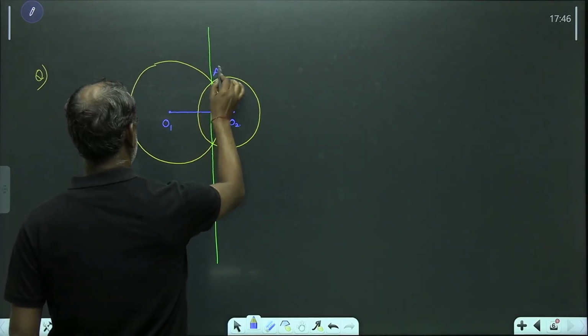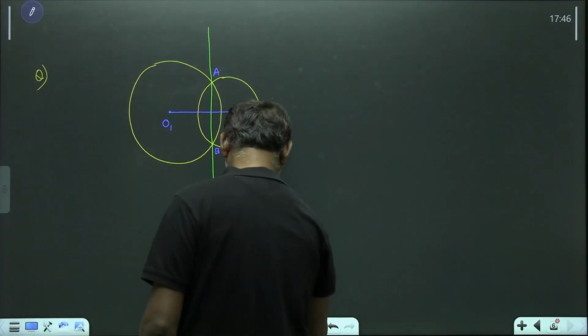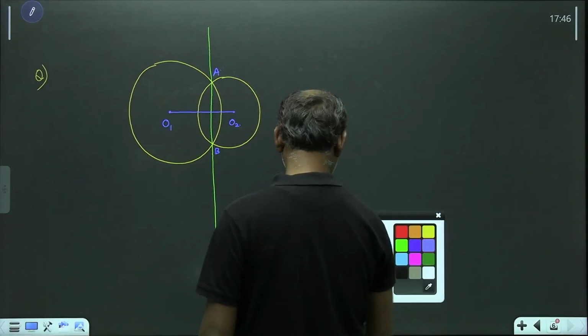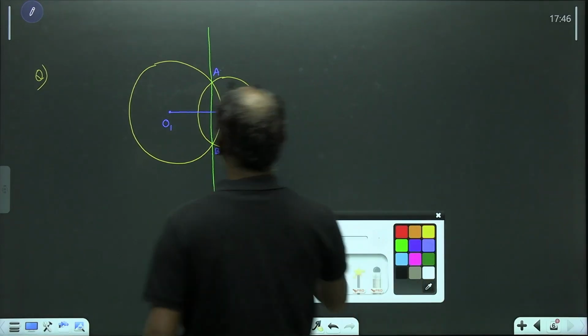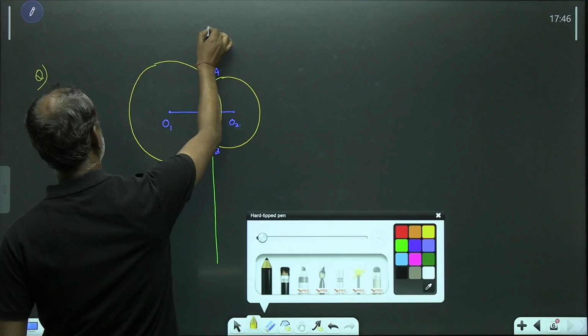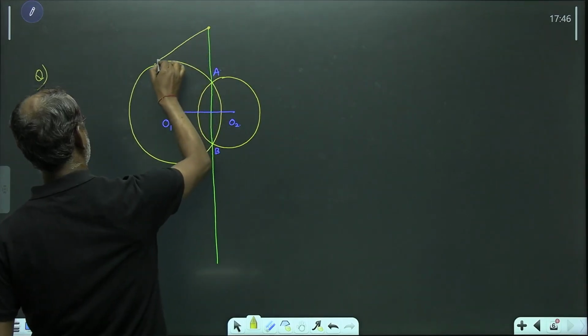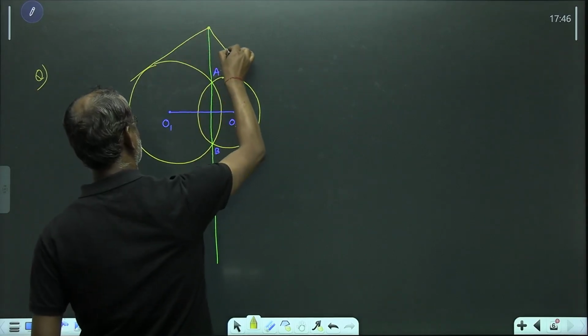Let this be A, let this be B. Now, we are given a point P on this line, and from this point P, tangents are drawn to these two circles.